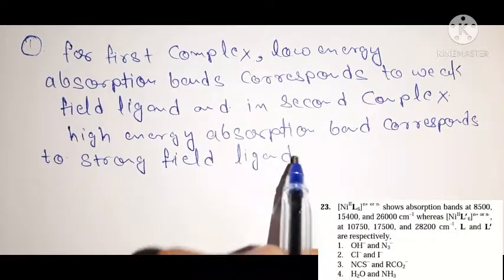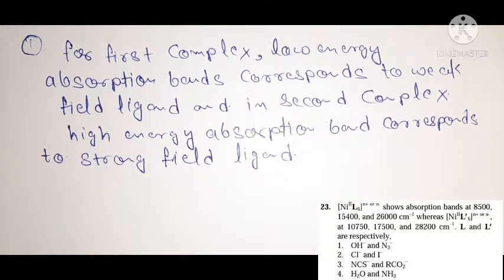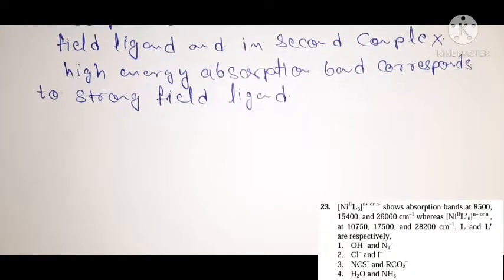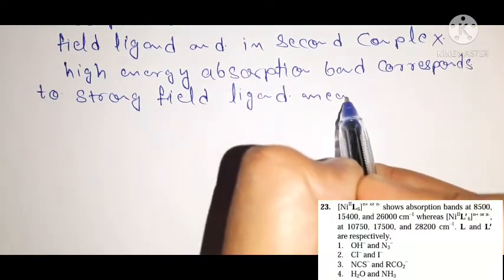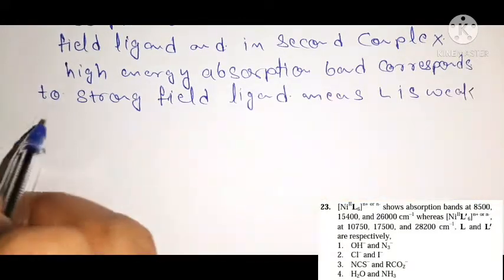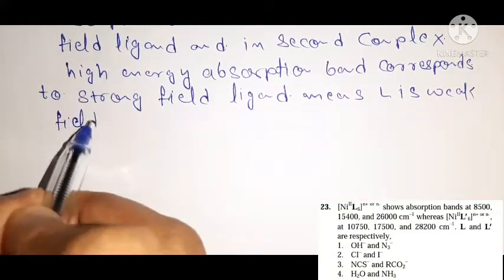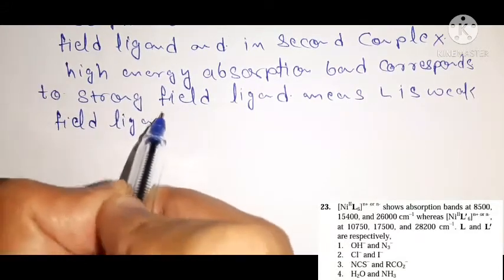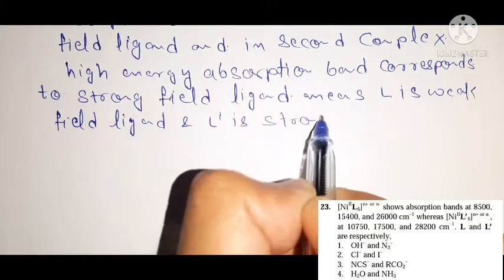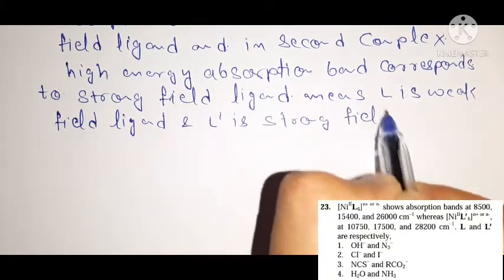Okay, that means L is weak field and L dash is strong field ligand.